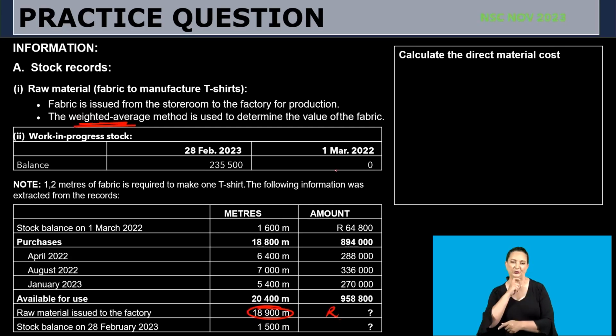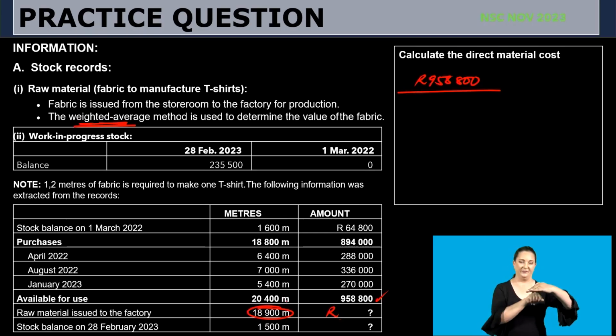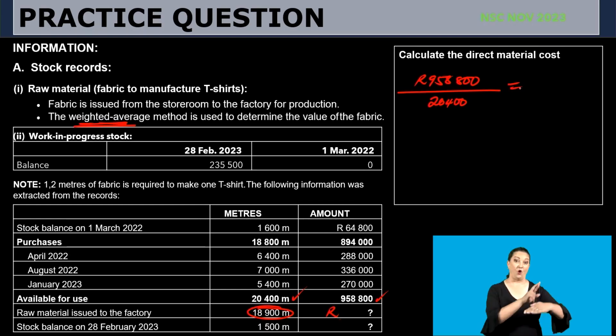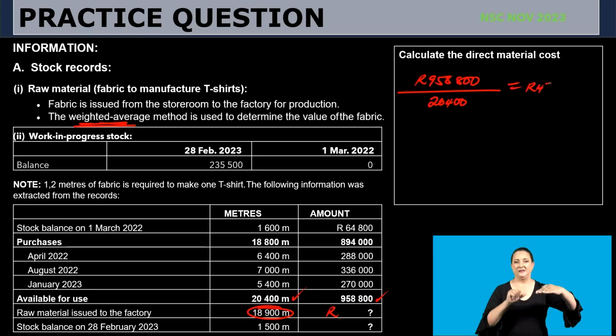And then, when we're doing that, we will now say, our materials available for use, which is the 958,800. So I'll take the 958,800, the materials available for use, and then I'll divide that by the meters. So it is the rands over the meters, which is 20,400. Once I do that, I'll get 47 rand.